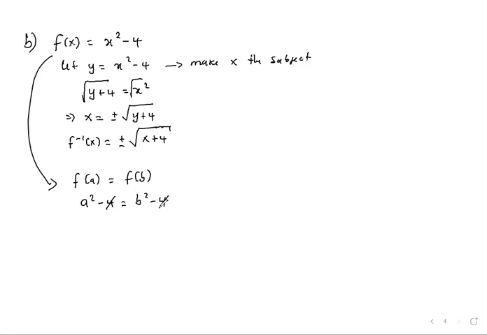The 4's will cancel, and I'll have a squared is equal to b squared. This means a is equal to plus or minus b. So f is not one-to-one. Hence, not bijective.